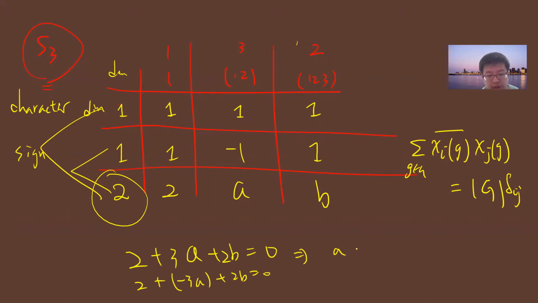Which tells you that A is 0 and B is -1. So it is 0 and -1. Okay, so this just completes the character table.